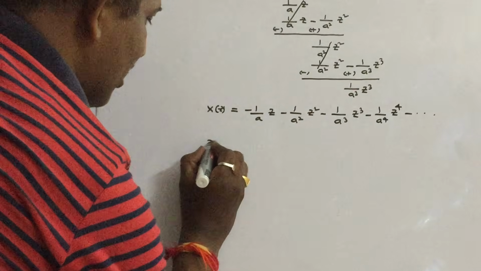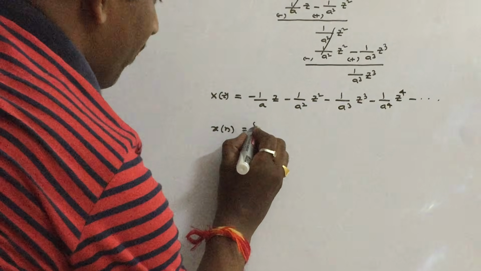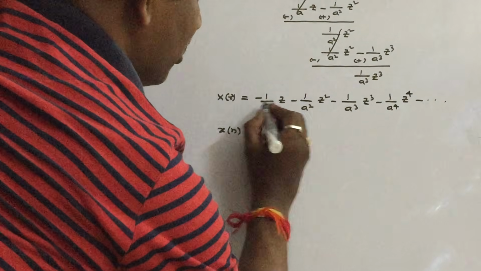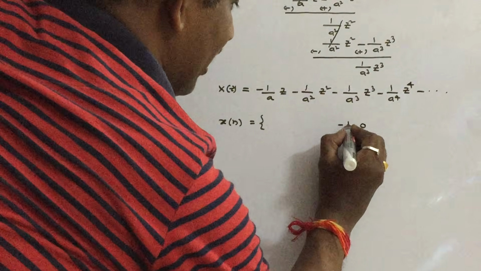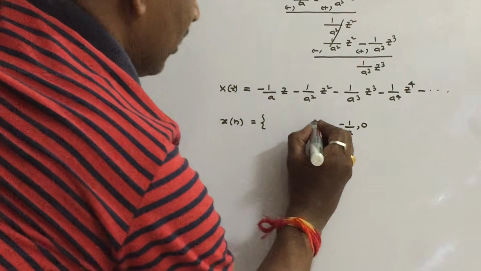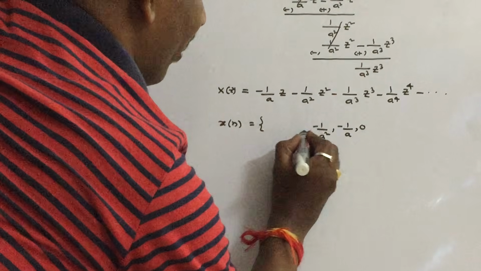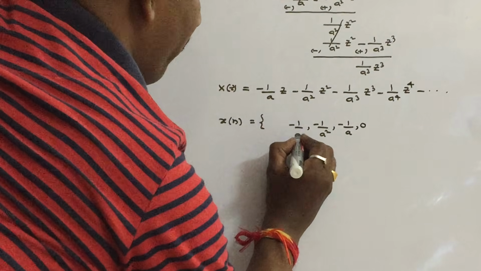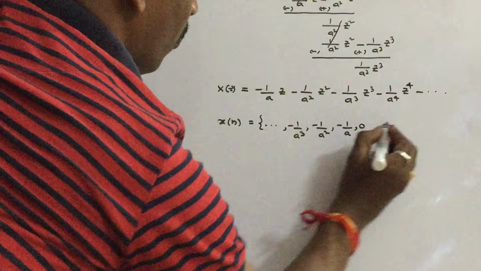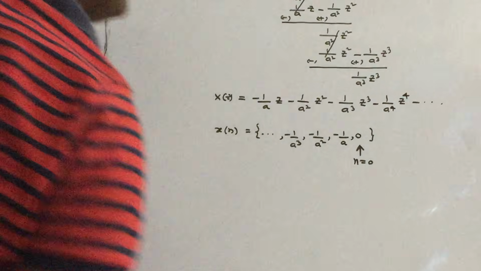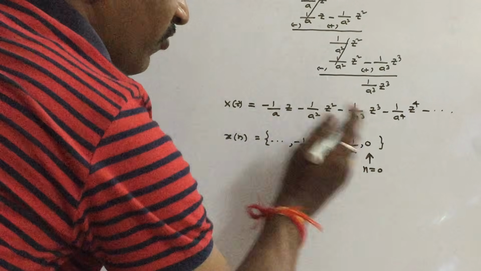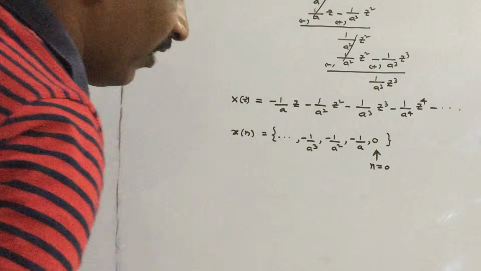If you take the inverse z transform, first write 0, because there is no constant term. The second term is minus 1 by a, the third term is minus 1 by a square, the next term is minus 1 by a cube, and so on. We have to keep the arrow here, clearly mentioning n equal to 0. So this is a left-sided or anti-causal sequence.